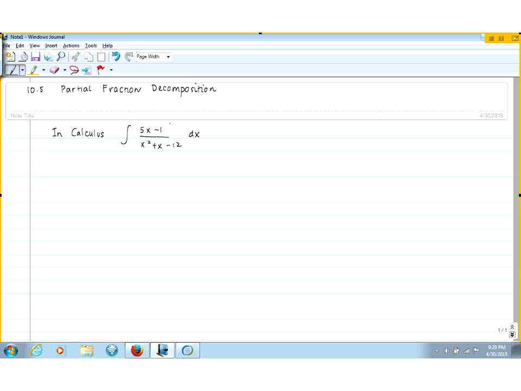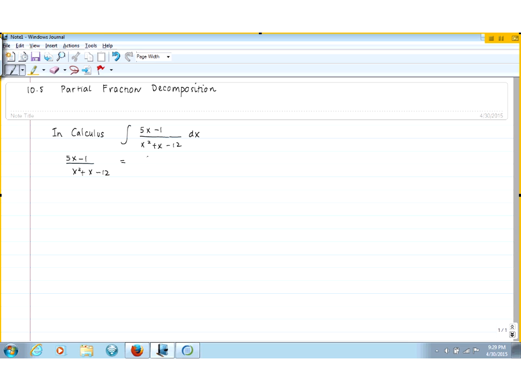And what we need to do next is rewrite 5x minus 1 over x squared plus x minus 12 into two integrals.